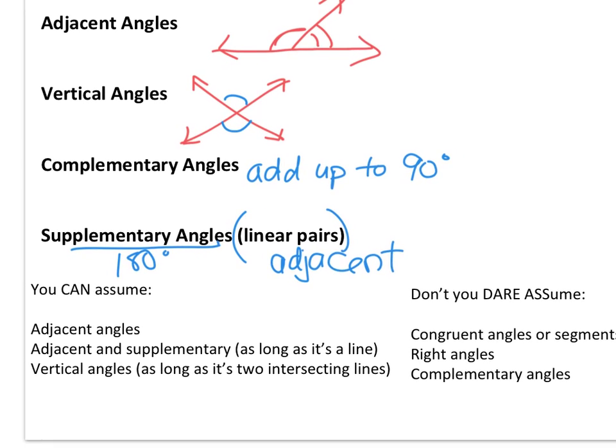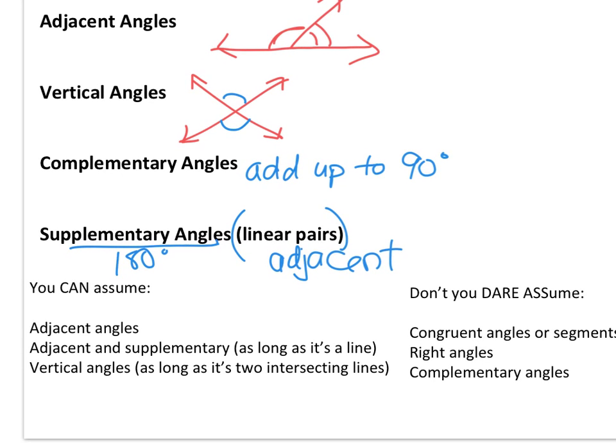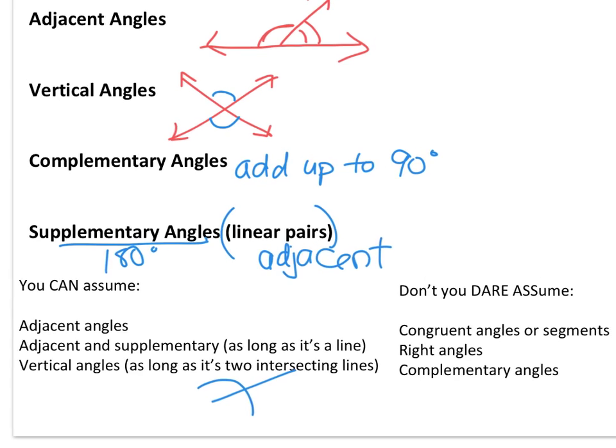You can always assume two angles are adjacent and supplementary as long as it's a line and it's told you that it's a line. And you can always assume vertical angles, again, as long as they tell you that they are two lines, because you don't want, just as an example, for something to be curved and then be a line. They need to tell you lines AB and CD or something along those lines. That way you can assume vertical angles.